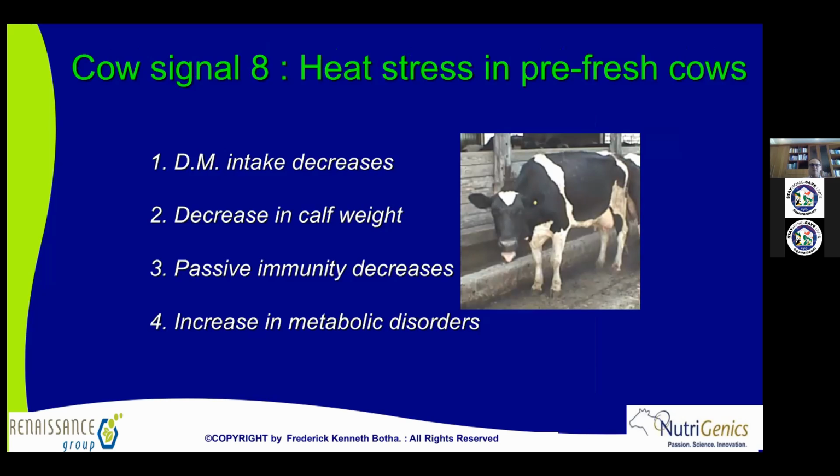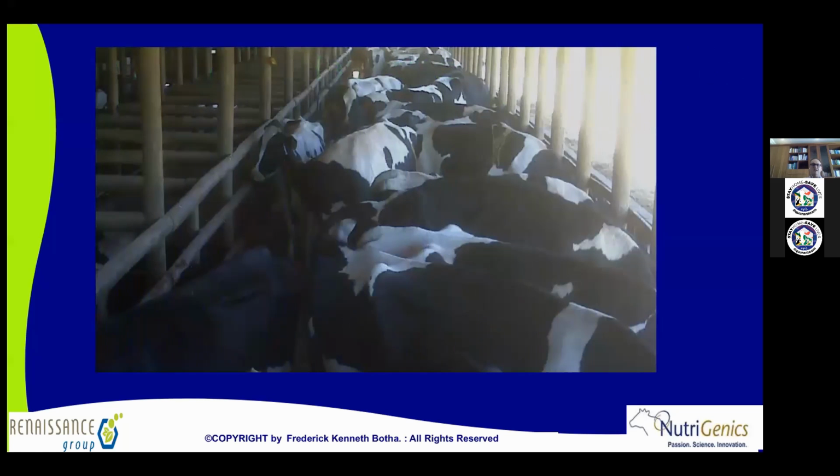So that will help me to have a better immunity and less metabolic disorders, as Dr. Chris already handled. If I see a photo of this, and this is a South African herd in the Western Cape, they asked me to come and help to improve the body condition score of the animals. And when I walked around and I saw this, and the feed troughs are on the right side, you can see cows cannot walk freely in and out of the cubicles.